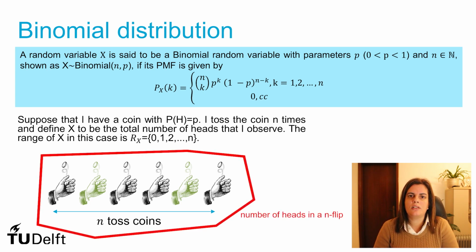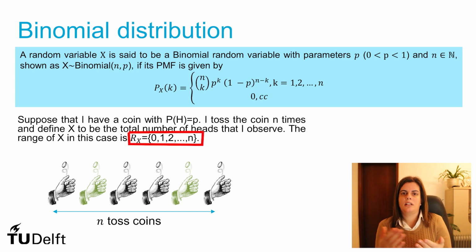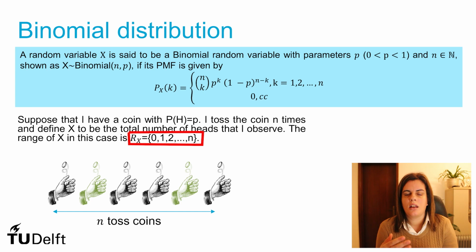But we may also be interested in a random variable that counts the number of successes for a given number of trials in a random experiment. So in this case, consider that I have n trials. The range of x in this case is 0, because I may not see even one success, then 1, 2, 3, until n successes, if in all my trials I see successes.